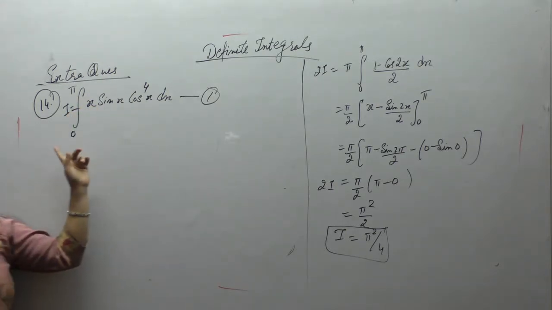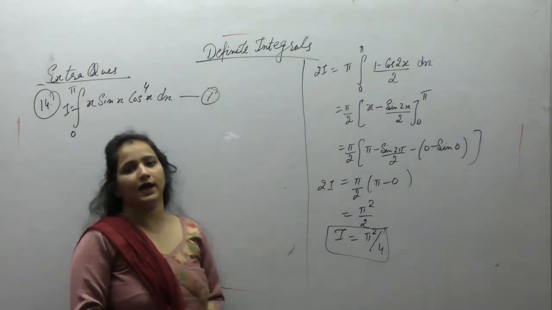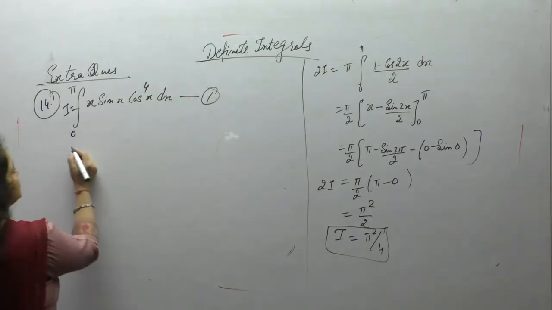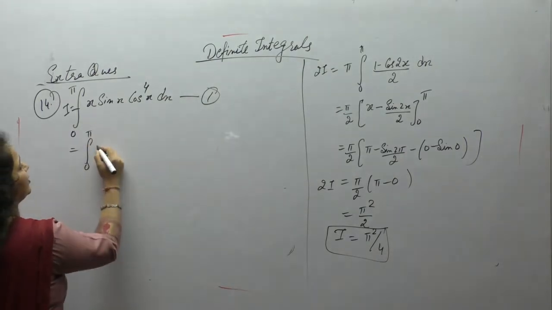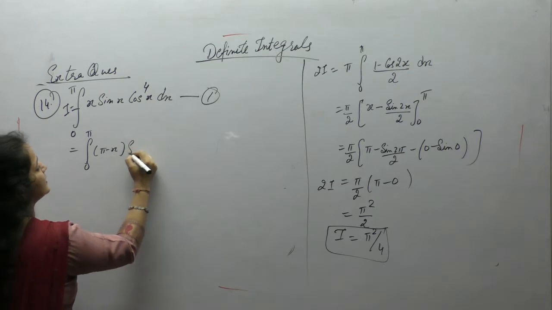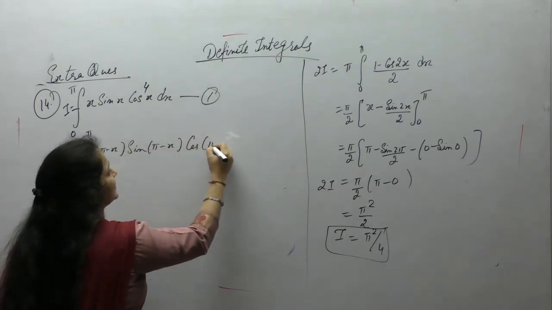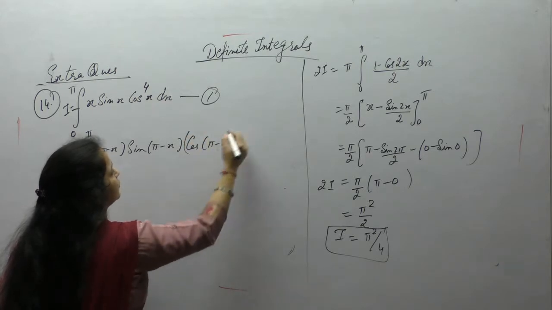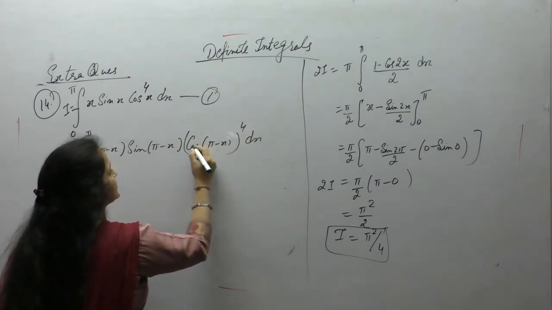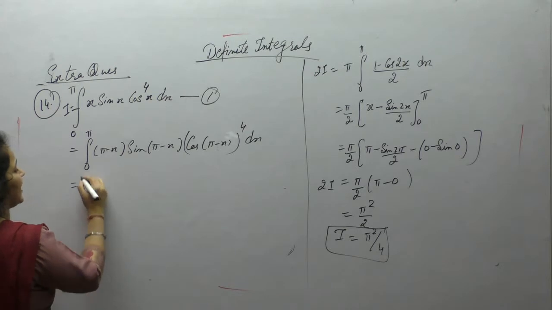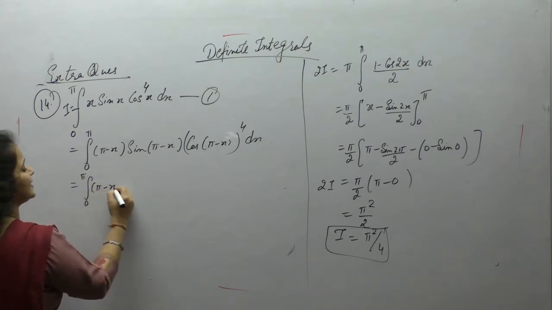Now use the property integral 0 to a f(x) dx is equal to 0 to a f of a minus x. Sin pi minus x cos pi minus x power 4 dx, 0 to pi, pi minus x.